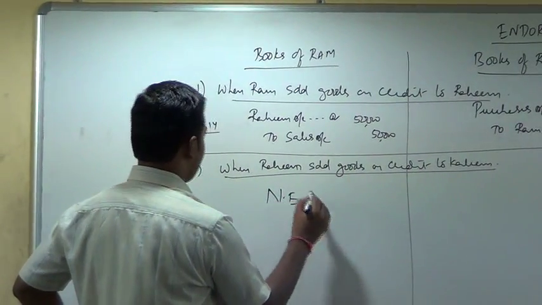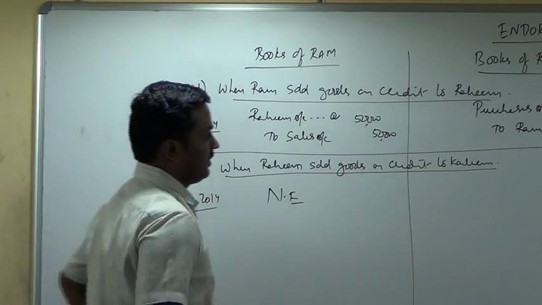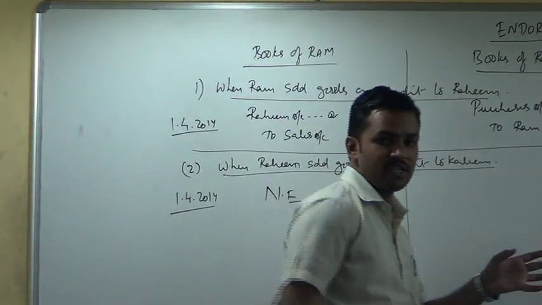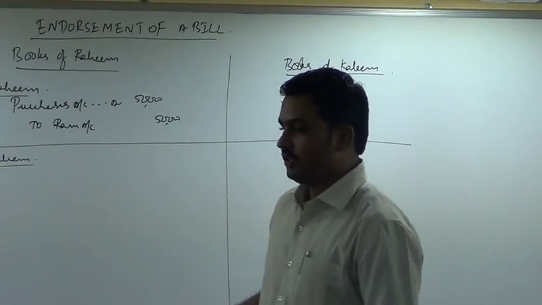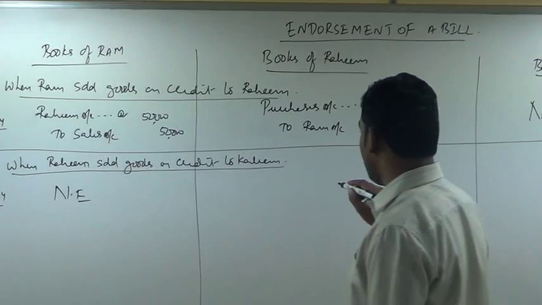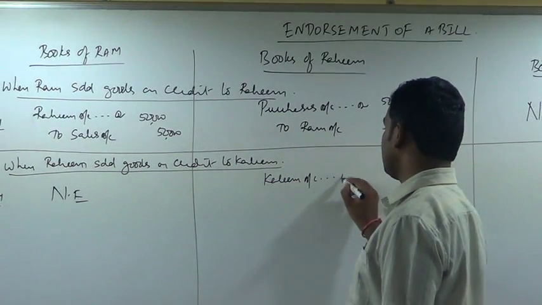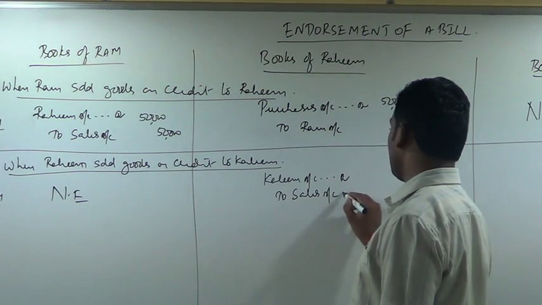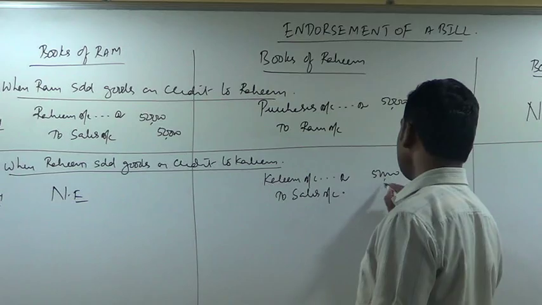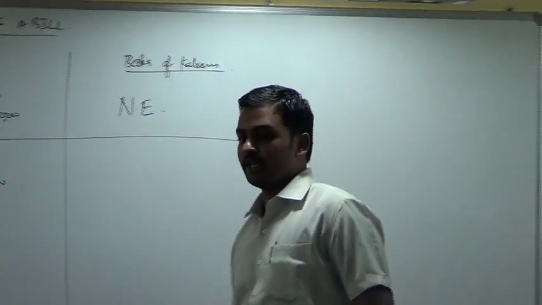Not a party to the transaction, no entry. What is the entry in the books of Rahim? He is selling goods now. Goods are going out. Karim account debtor to sales account.